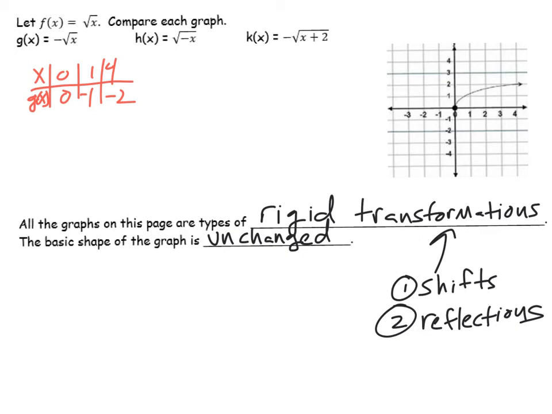So I'd have 0, 0 right here. 1, -1, right? This graph is a tiny bit off. It should go through the point 1, 1 because the square root of 1 is 1. But it doesn't. It's a little bit too high, but whatever. It's approximately the square root graph. 1, -1, and there's 4, -2. And again, that was the graph of g, okay? Now you already know that negative sign, which we haven't seen before, that's a reflection, okay?